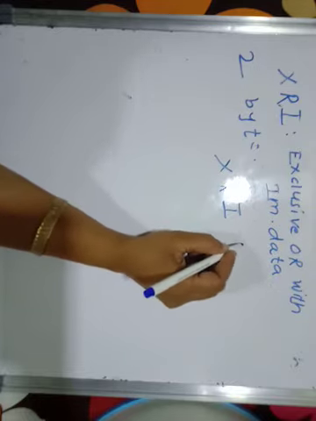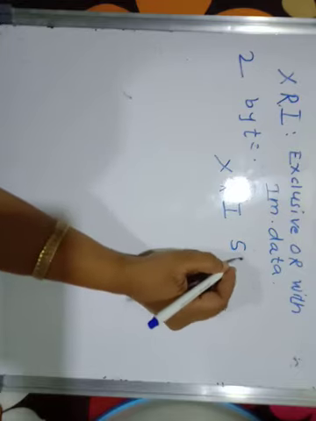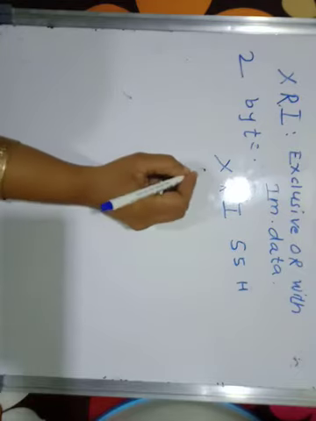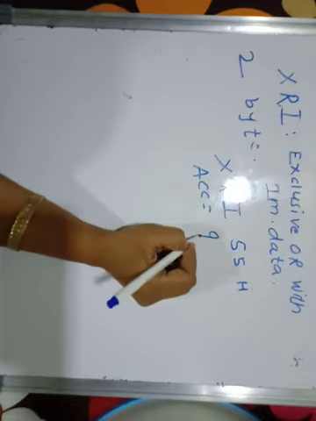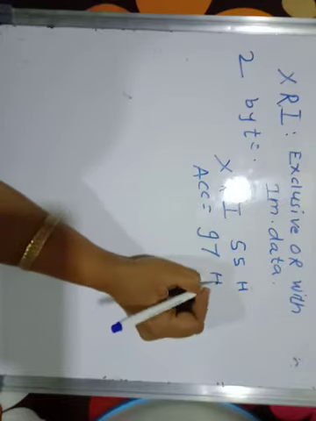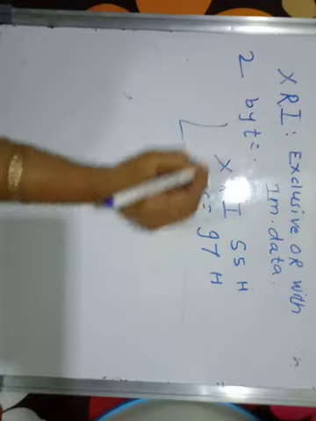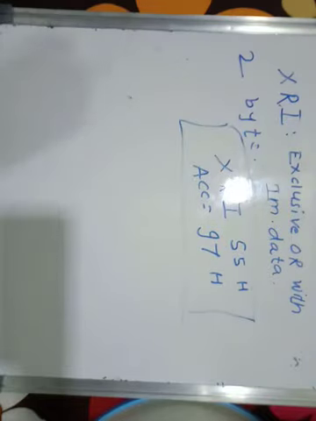So it is 55H and the content of accumulator is 97H. So you perform this one in your notebook. Okay. So try to solve it. It's easy to solve.